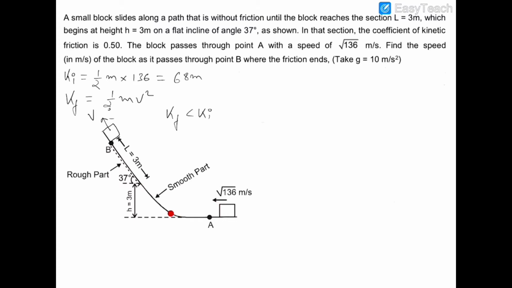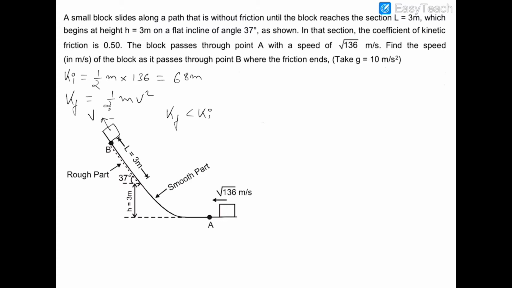As the block is moving up and mg acts downward, the work done by mg is negative and work done against mg is positive. Similarly, when the block moves from A to B, the friction acting on the block is in the downward direction, so again the work done by friction is negative.